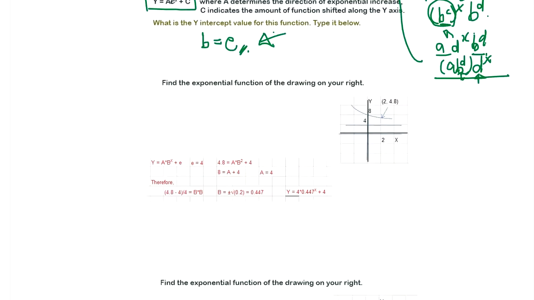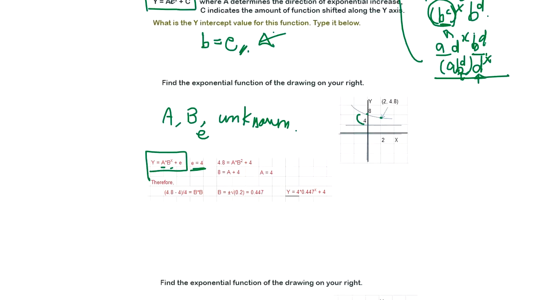Find the exponential function of the drawing on your right. So it gives two values. You have two unknowns, a and b. And e, don't forget the e. And e is 4 because it's going up 4.